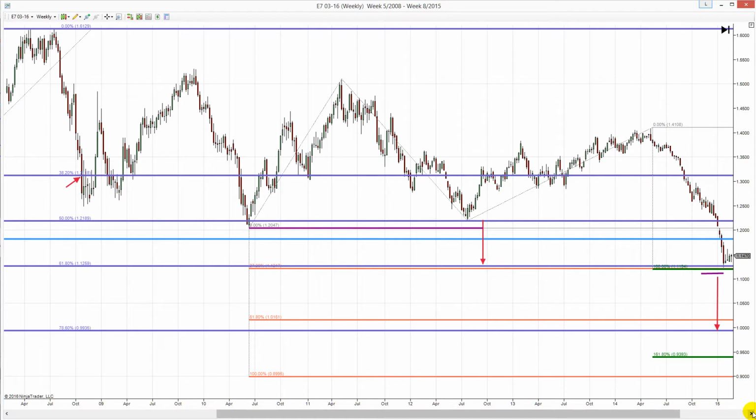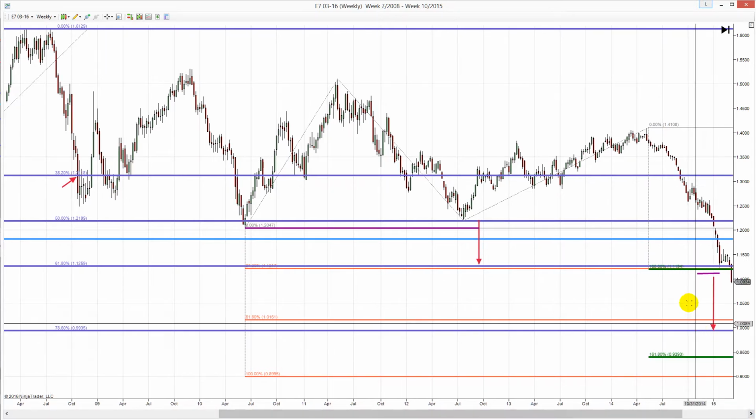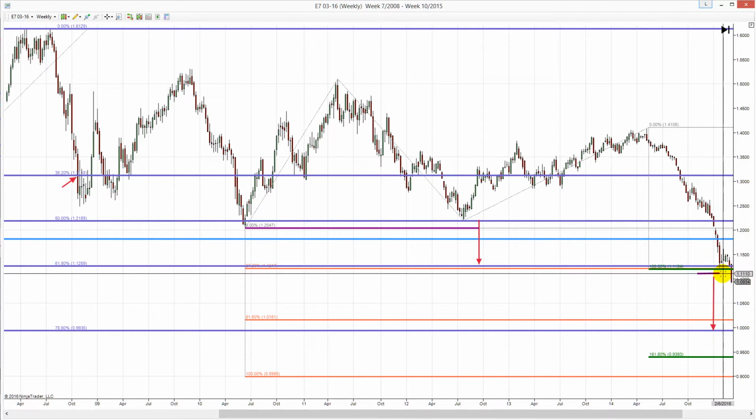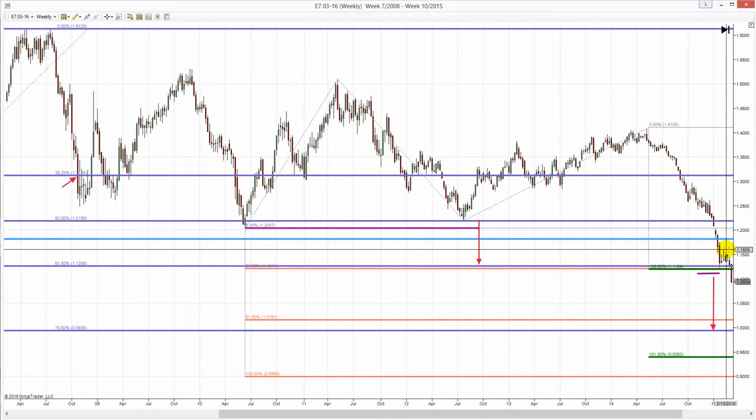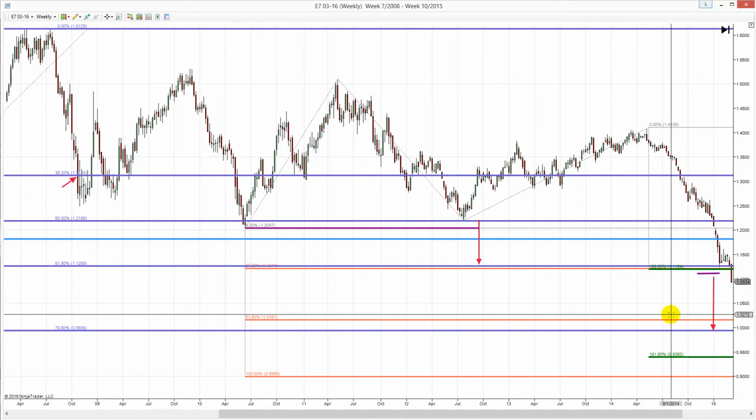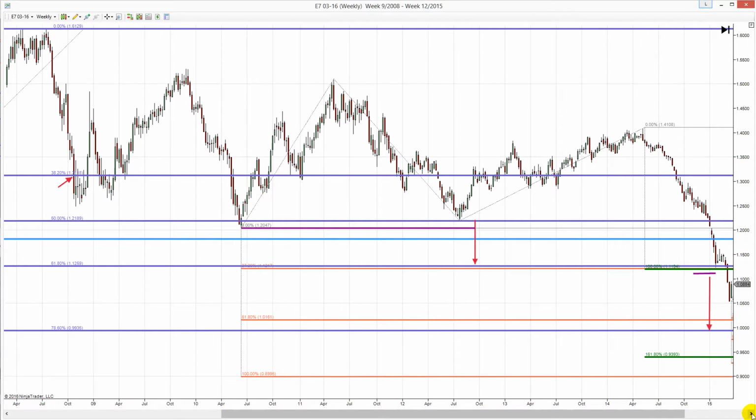Okay, let's see what happened. We broke it, and again, the stop is in place. If we didn't take profit here, then we at least break even, so we didn't lose anything. Let's see what's going on next.